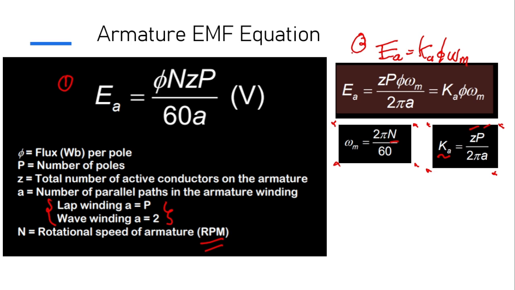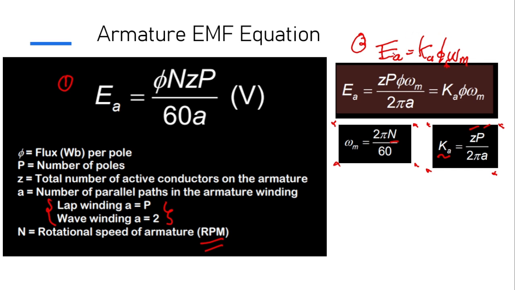This is the biggest hint I could give you all for DC. Any time he gives a question with changes, just use the equations to guide it. Like if a question asks, if the flux per pole increases, how will the back EMF change?